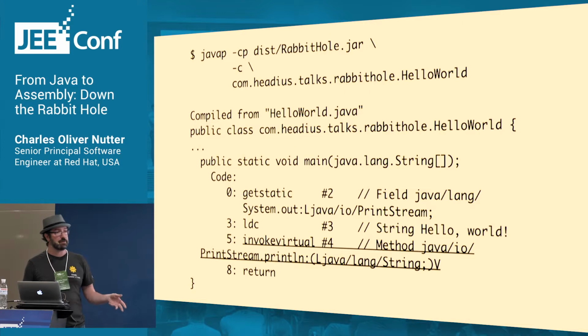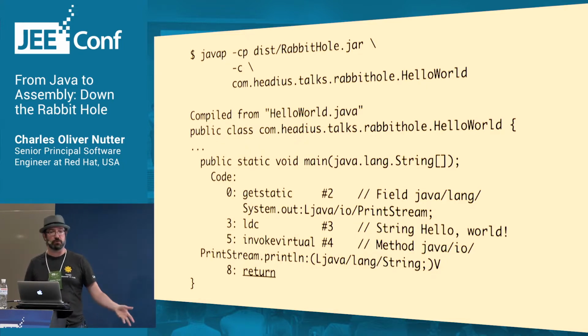We do a virtual invocation, which is a method call against a class, rather than an interface, for example. There's also invokeinterface, invokestatic, and so on. And then this is a void method, so we do just a simple return. There's also ireturn, lreturn, and so on for different types of JVM objects, numeric values or references.